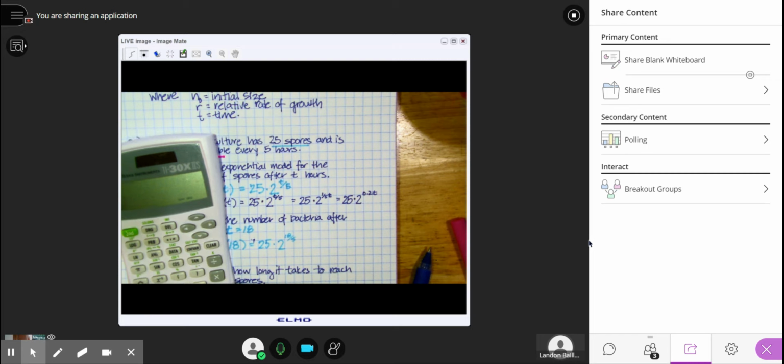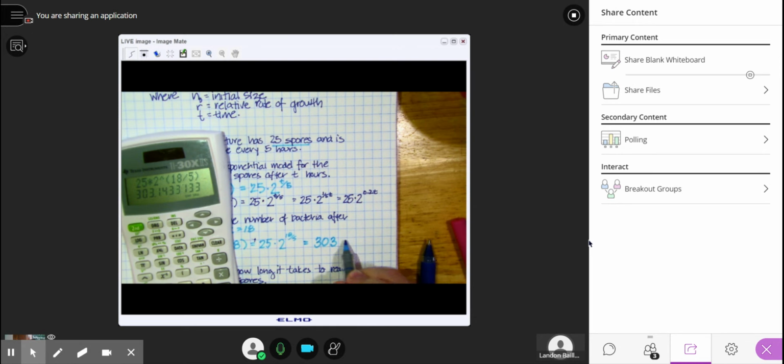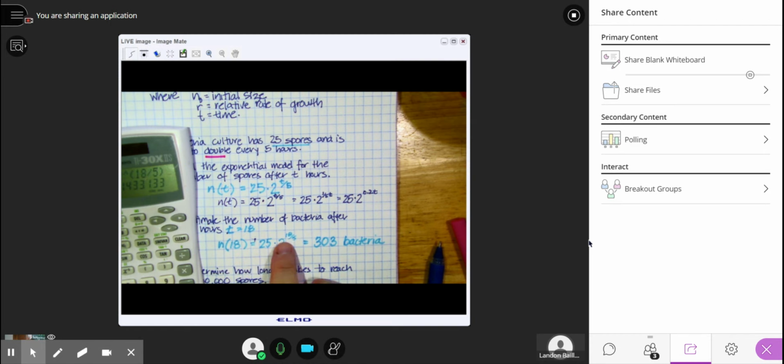That means I need my calculator, and I'm going to type in 25 times 2, and in my exponent, I'm going to do parentheses 18 divided by 5. To get 303.14, or about 303 bacteria. All I'm doing is putting in the numbers I'm given.